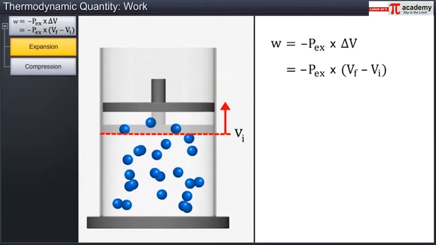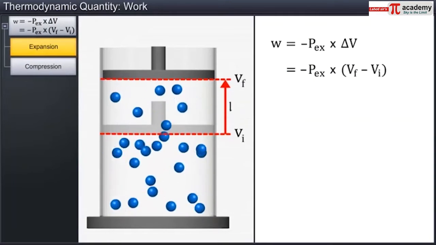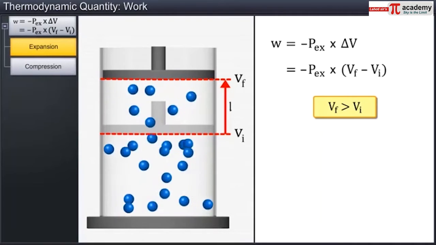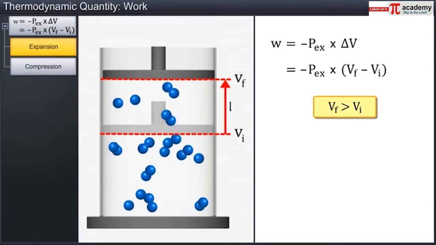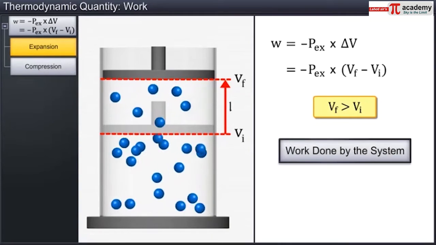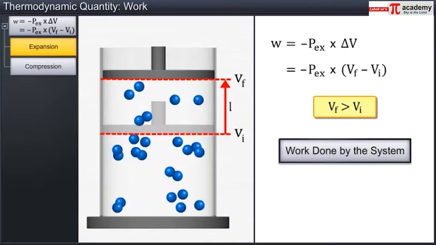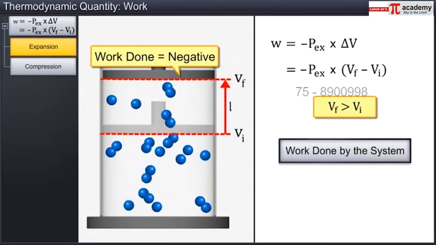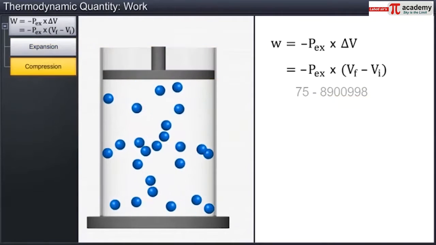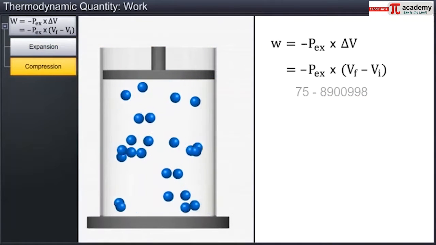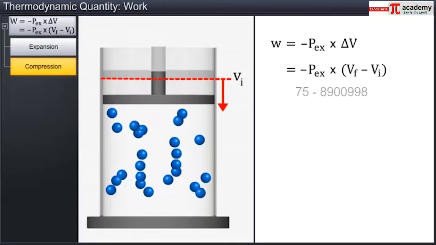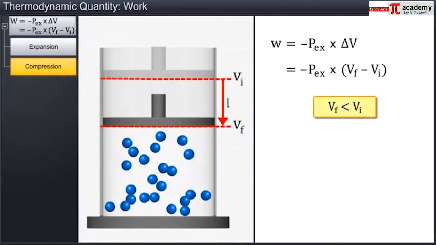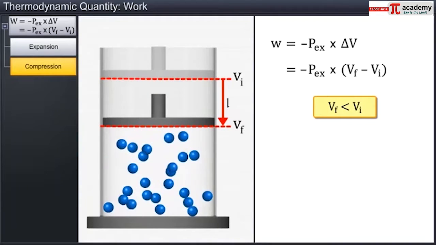If the gas expands, Vf will be greater than Vi. Then, we can say that work is done by the system. Hence, the value of work done will be negative. Similarly, if the gas compresses, Vf will be lesser than Vi.